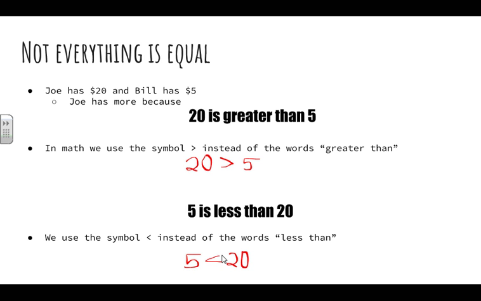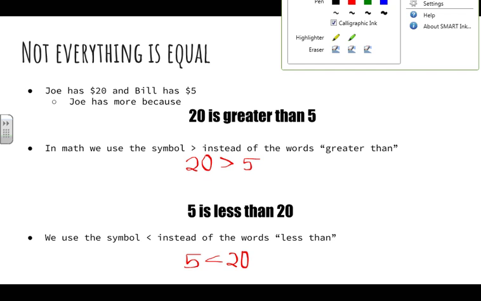The mouth is still eating the larger quantity. The wide part is still pointing at the larger number. But since we read it left to right, this is 5 is less than 20. It is not 20 is greater than 5. It means the same thing. It's just been flipped around. All right, moving on.